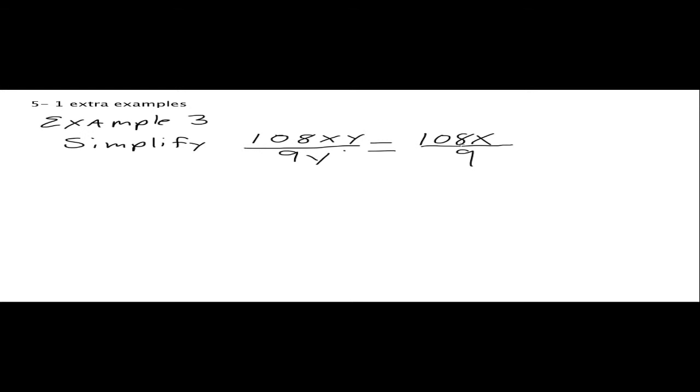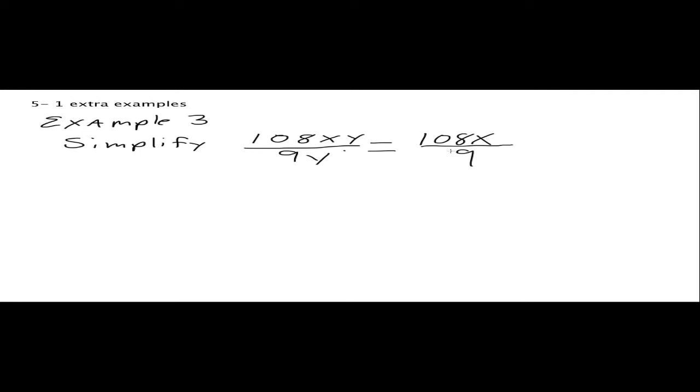Now you could grab your magic calculator. You could also go ahead and just try to calculate it. I know that 10 times 9 is 90, and that 11 times 9 is 99, and 9 more than that would be 108. So 9 goes into 108 12 times.